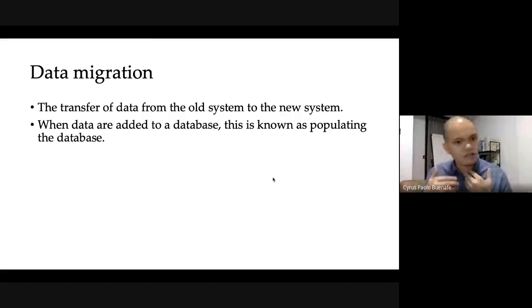So that's one example of how having a very solid or a very exhaustive systems design would actually help you in the systems implementation portion.